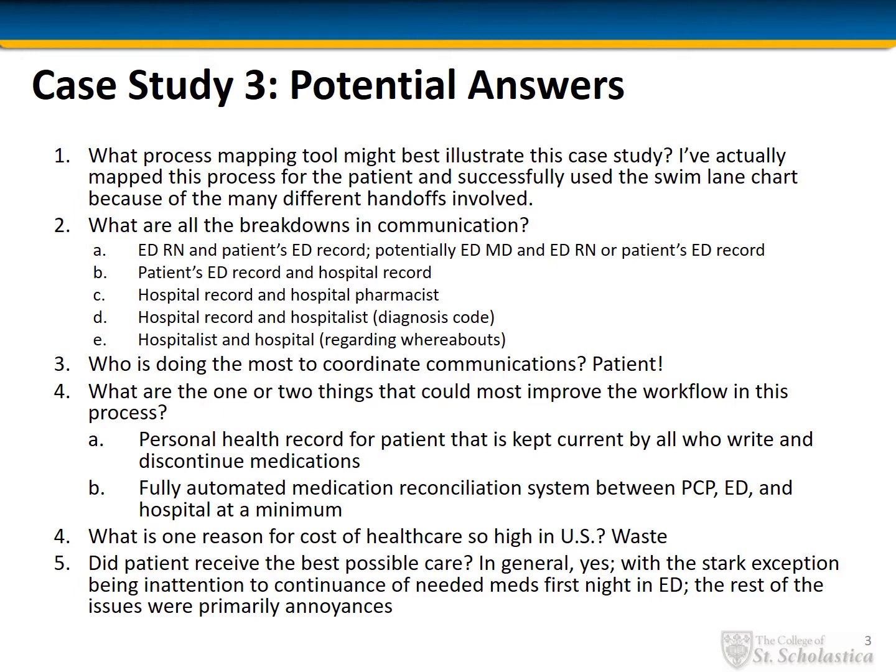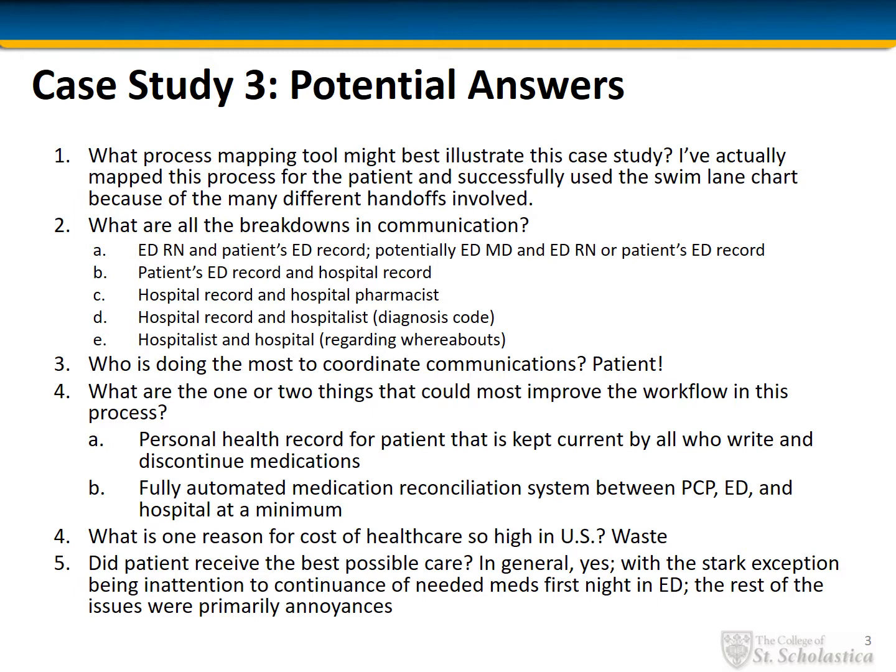Who is doing the most to coordinate communications? Well, it seems obvious to me it's the patient. What are the 1 or 2 things that could most improve the workflow in this process? I've thought of at least a couple. The personal health record for a patient that is kept current by all who write and discontinue medications.